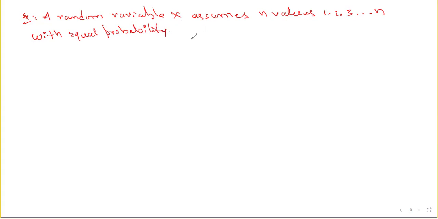It means that the probability of getting x1 is 1 by n, the probability of getting x2 is also 1 by n. Like that, it has equal probability.